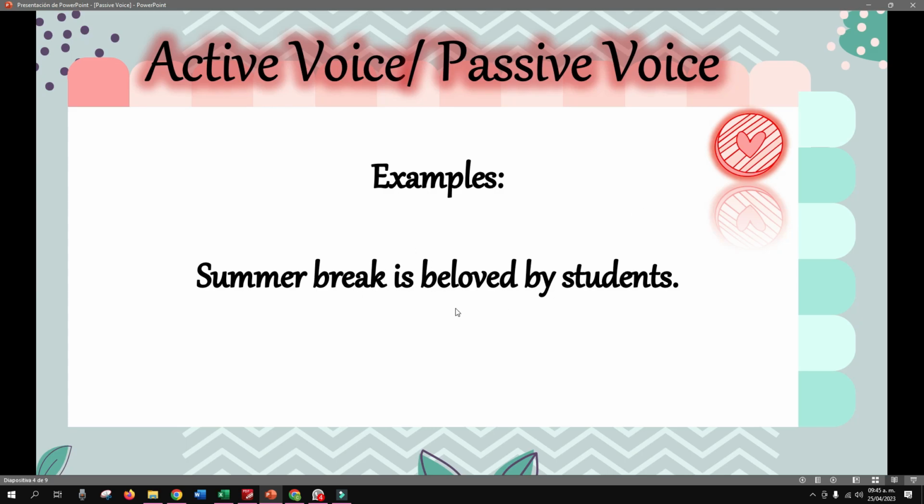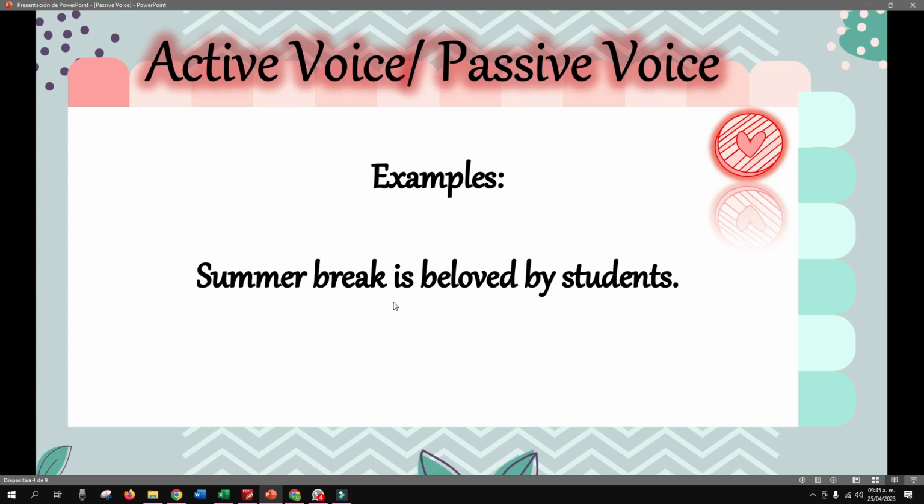And also you have this, beloved. What is that? The past participle of the main verb, right? Then you have a by, that will be a preposition, and the students. So summer break is beloved by who? Students, right? Sometimes you don't need to use this last part.